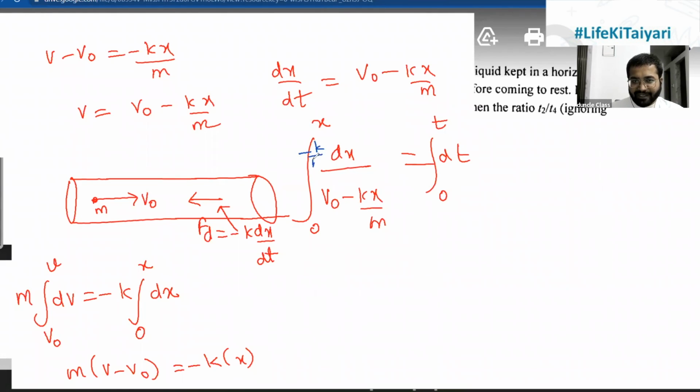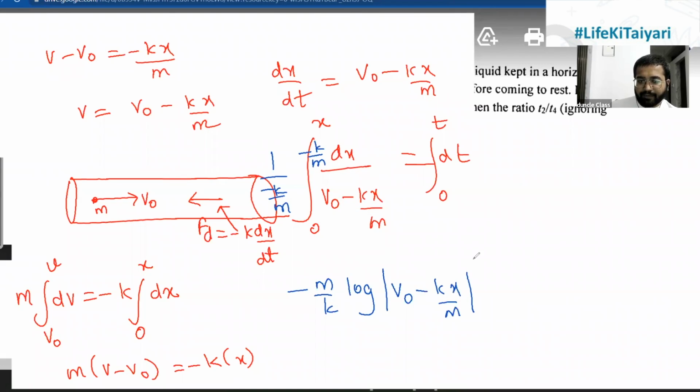Multiply and divide by minus k by m, because I have the derivative in the numerator and the function in the denominator. The derivative of v naught is 0, since it is constant. The derivative of the denominator is minus k by m dx. So this is minus of m by k log of the modulus of (v naught minus kx by m).